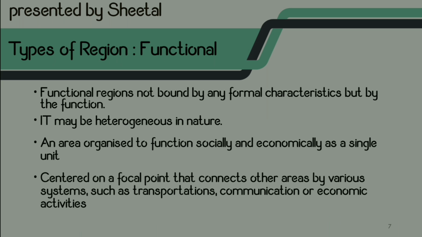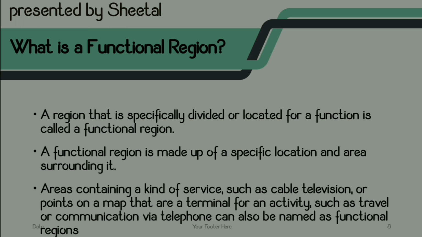So in functional regions, one region is connected with another region with the help of transportation, trade, and communication. This type of connectivity can be seen in the functional region.